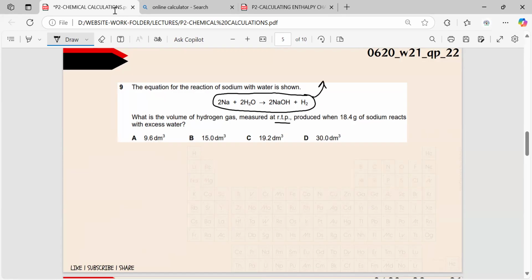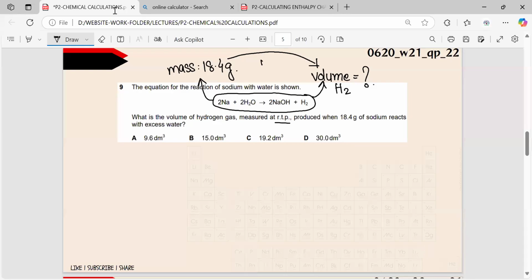So here they're asking us the volume of hydrogen gas, and they have given us the mass of sodium, which is 18.4 grams. So we have to go from the mass of sodium to the volume of hydrogen. And in the middle, we have to find out the moles of both.